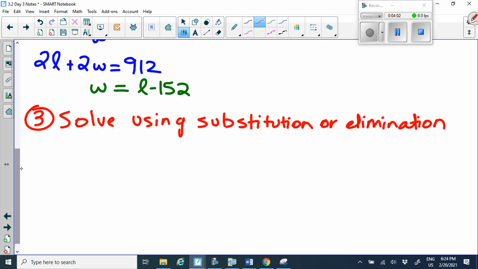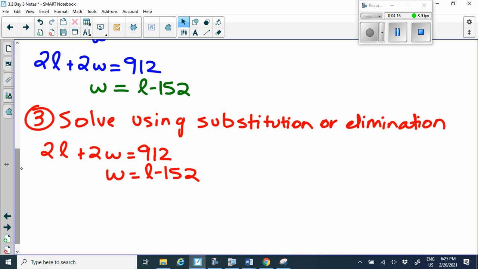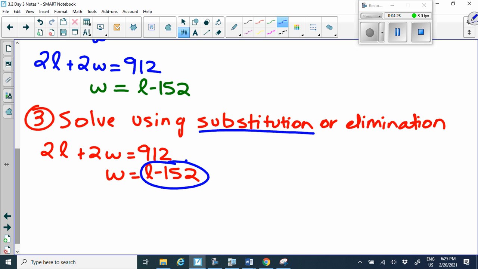So I'm going to rewrite my 2 equations here. 2L plus 2W equals 912, and W equals L minus 152. I'm going to use substitution, because in my second equation, W is already solved for. So I don't have to do any multiplication. I'm going to take my L minus 152 and plug it into the other equation, because if you plug it into the same one, that's not going to work.